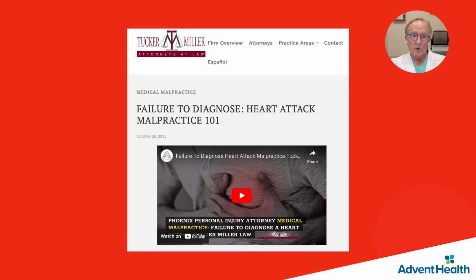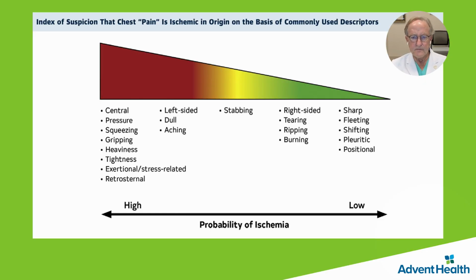At least in the state of Florida, evaluation of chest pain is still a hot topic because it's up at the top of the list for litigation in evaluation of various kinds of patients in the emergency room. So important in that respect, as well as obviously the clinical respect.